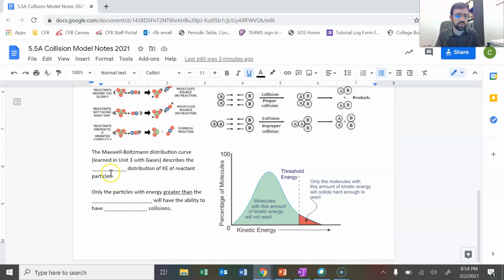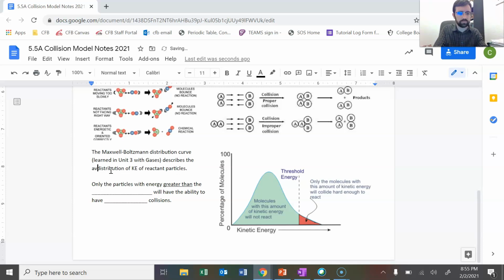The Maxwell-Boltzmann distribution curve, learned about in Unit 3 with gases, describes the average distribution of kinetic energy of the reactant particles. So just the distribution over this whole thing. Only particles with energy greater than the threshold energy, which is labeled on this graph.